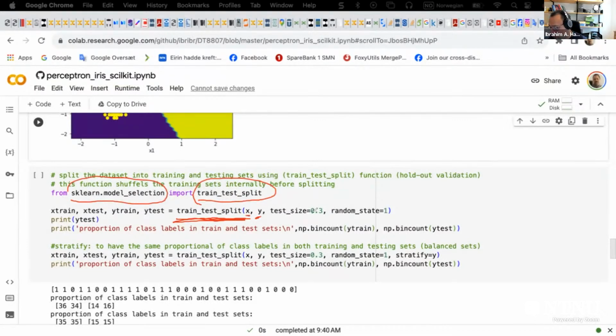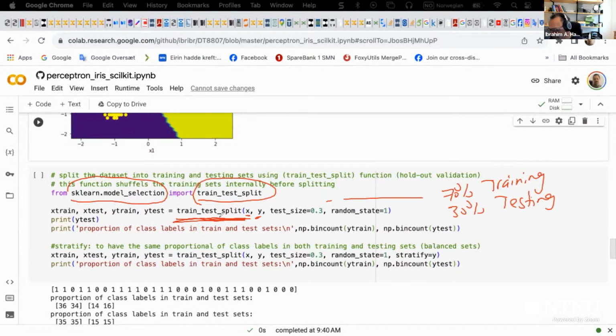Maybe test_size equal 0.3, which means 70% of the data will be used for training and 30% for testing. You can change this ratio. You can make it 0.2, which means 80% will be used for training and 20% for testing.